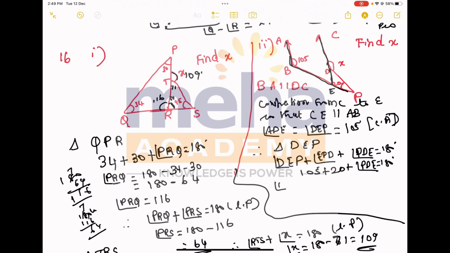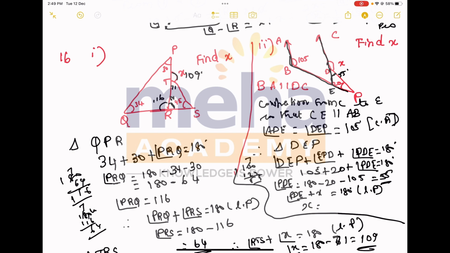So angle PDE is equal to 180 minus 20 minus 105, so 180 minus 125, that would be 55. PDE is 55 degrees. So this angle is 55 degrees. Then we know PDE plus X makes a linear pair.